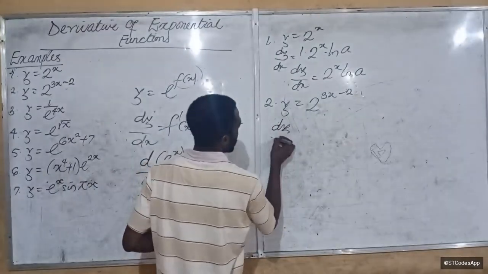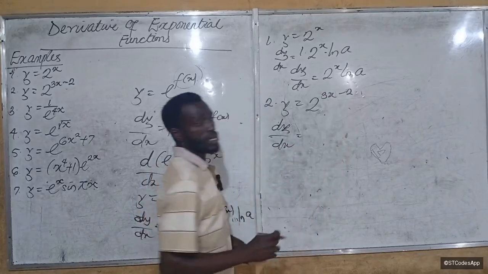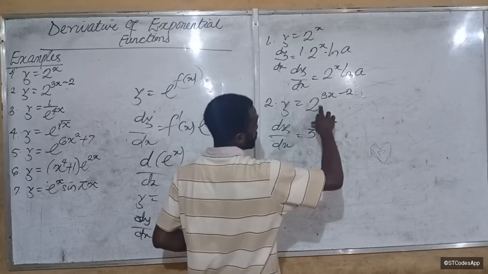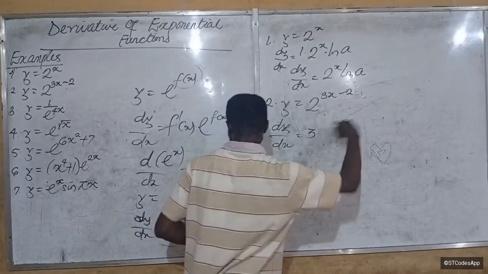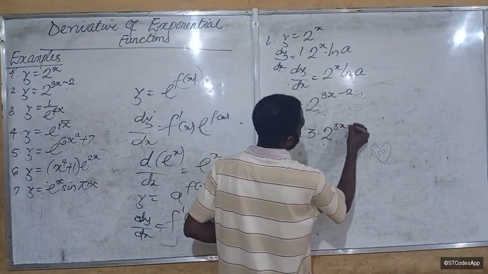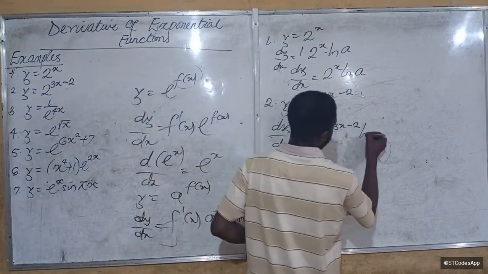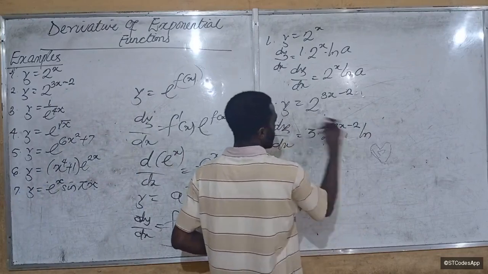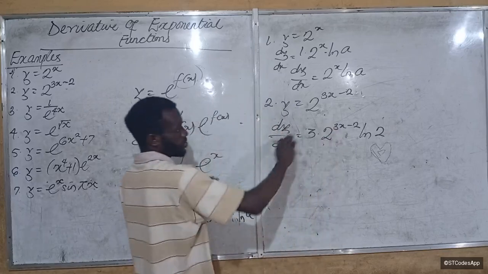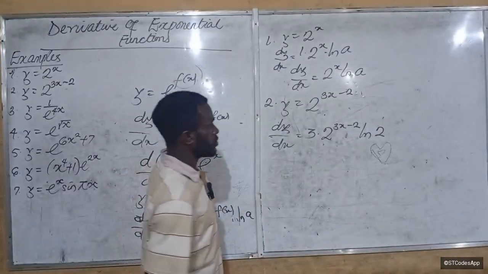So dy dx will be equal to the derivative of 3x minus 2, which is 3, times the function itself, 2 raised to power 3x minus 2, then ln of the base itself, ln 2. Is it clear? You can leave your answer like this, or put it in brackets if you want. That's going to be our answer.